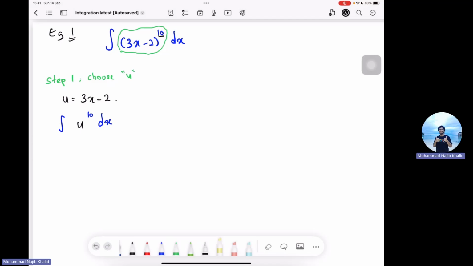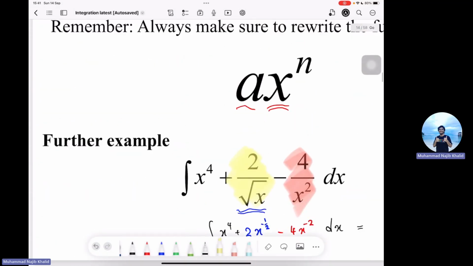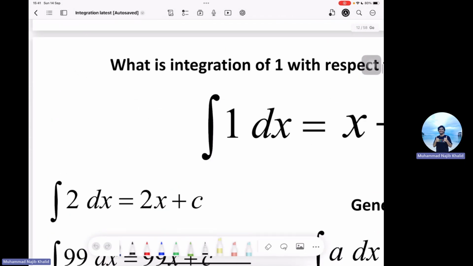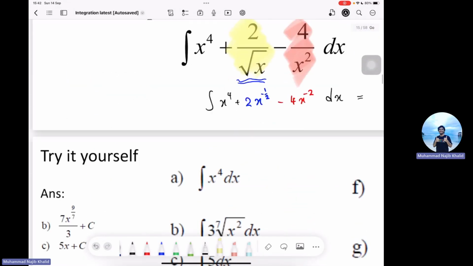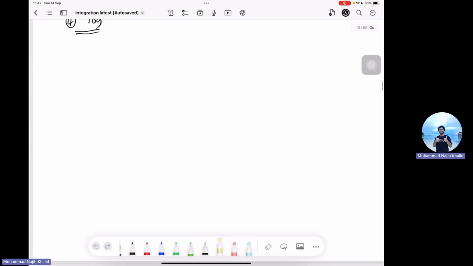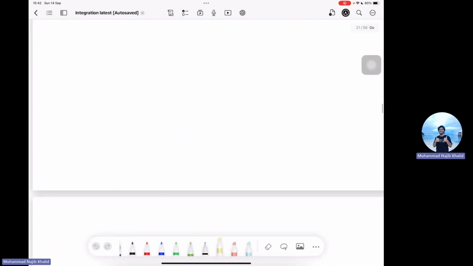So remember from the formula we have learned last week, integral dx, dx is referring to x as our variable, which means the function y must be in terms of x. And if we take a look at the function that we have done for step 1, we find that we have u and dx.